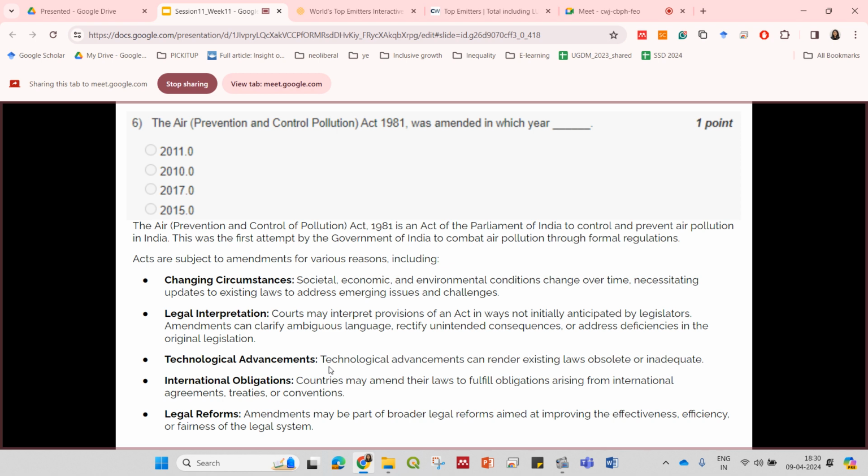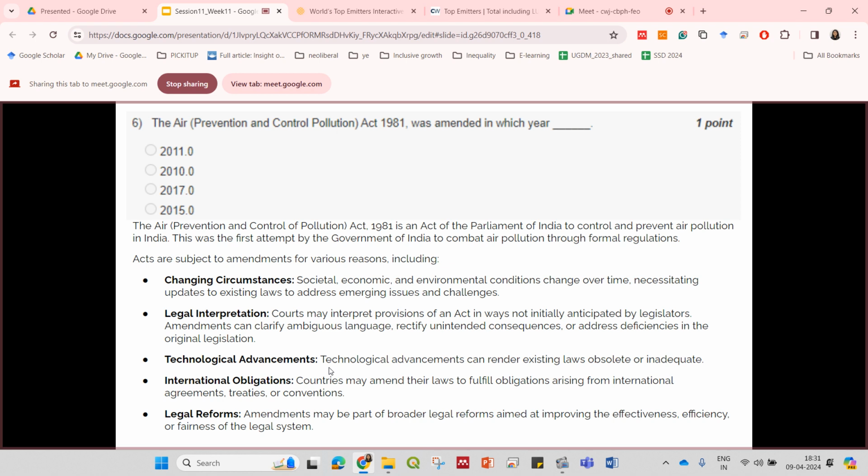It can clarify any kind of ambiguous language, or rectify any unintended consequences that are happening because of those initially unanticipated aspects. Next is technological advancements. Many technological advancements can render existing or earlier laws obsolete or inadequate. So for that also, amendments in acts, laws and regulations can take place.